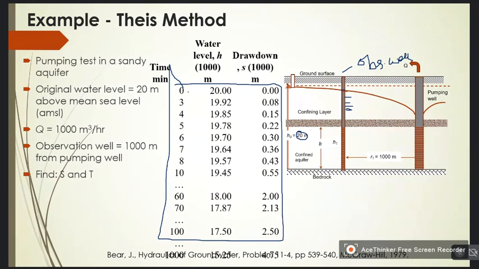At 0 time, the level is 20. After 3 minutes, the level is 19.92. Followed? Yes, sir. After 100 minutes, say for example, it is 17.5. Okay? So this point you have observed, followed. Yes, sir. Come to next slide, sir. Yeah, I am going.